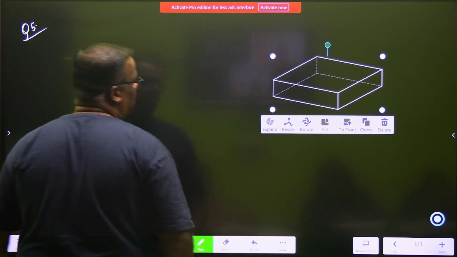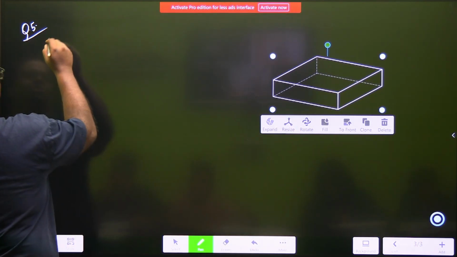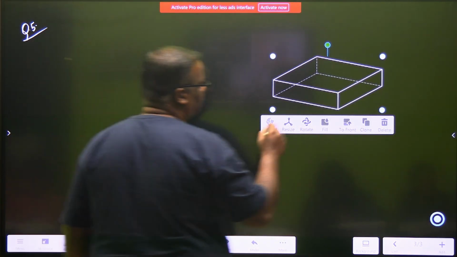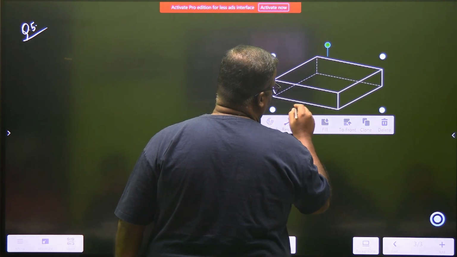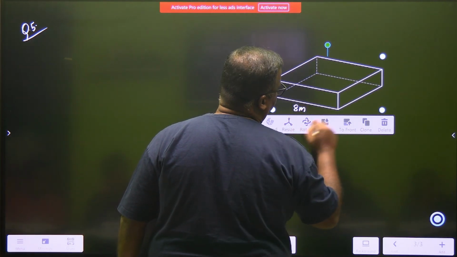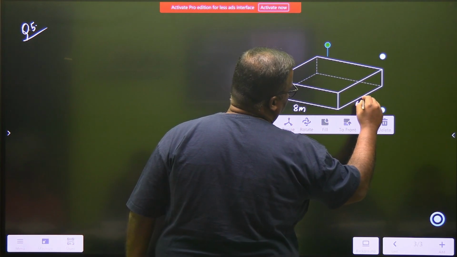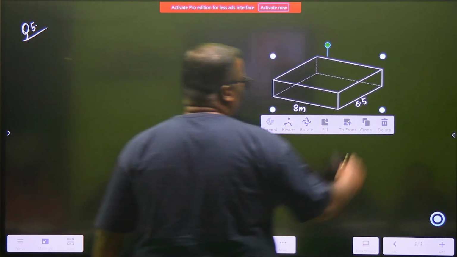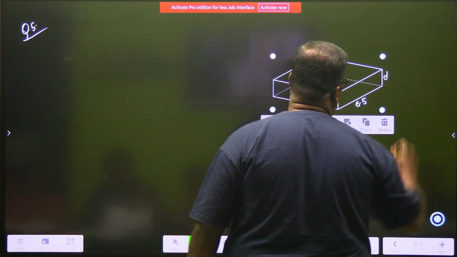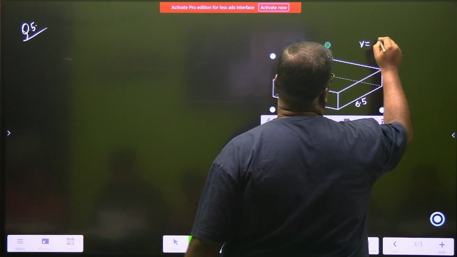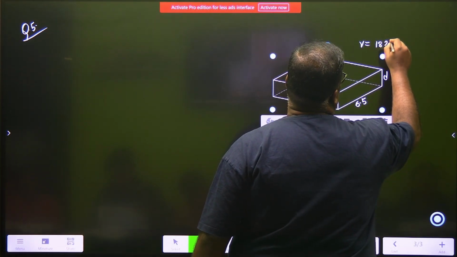It says, if its length and breadth are 8 meters and 6.5 meters respectively, find its depth. So the depth is D. And what is the volume? 182 meter cube.